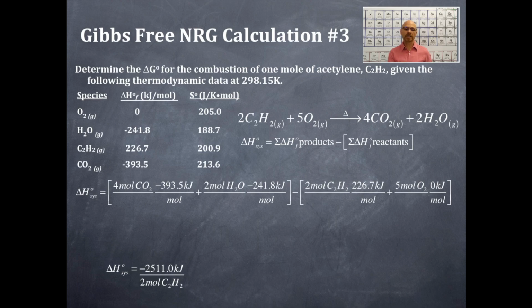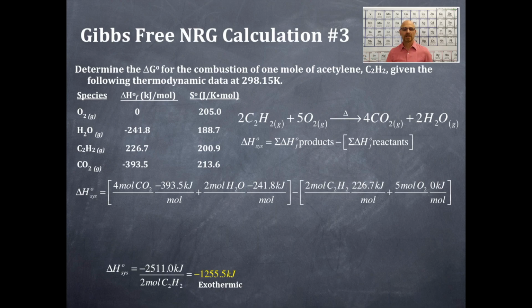So we're going to divide that enthalpy term by 2, and then we're going to get this value at negative 1,255.5 kilojoules for the enthalpy. Now, this is an exothermic reaction because this value is negative. Of course it's exothermic. All combustion reactions are exothermic.